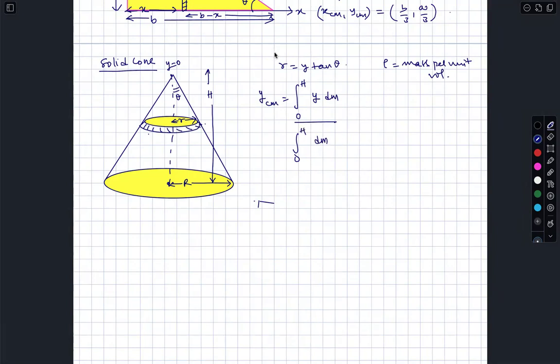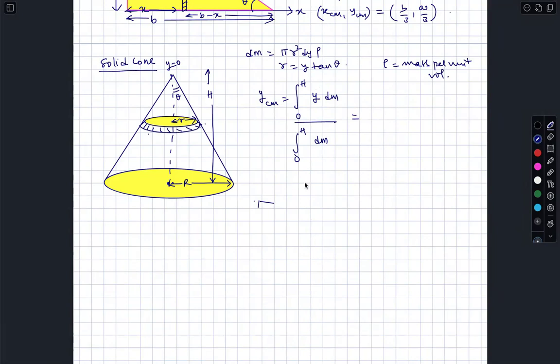So what is dm here? Dm is nothing but pi r square dy, and that's all. Now you substitute.